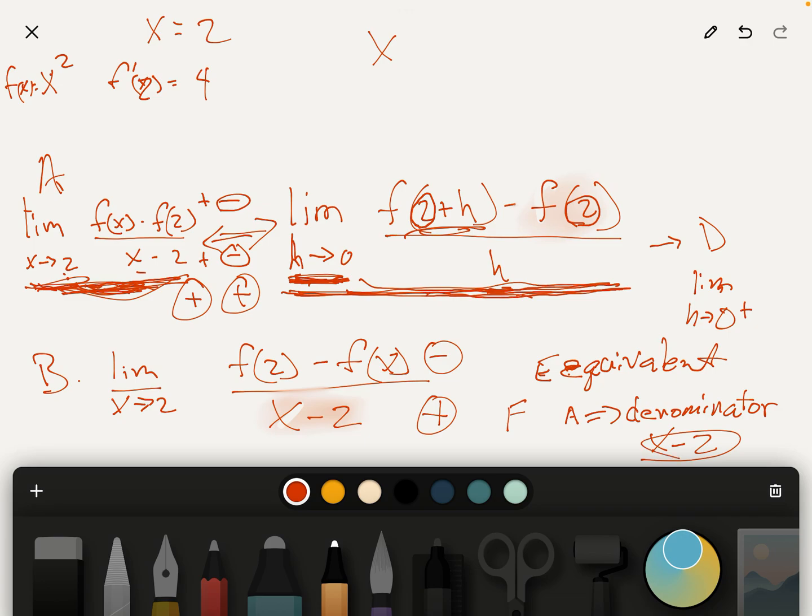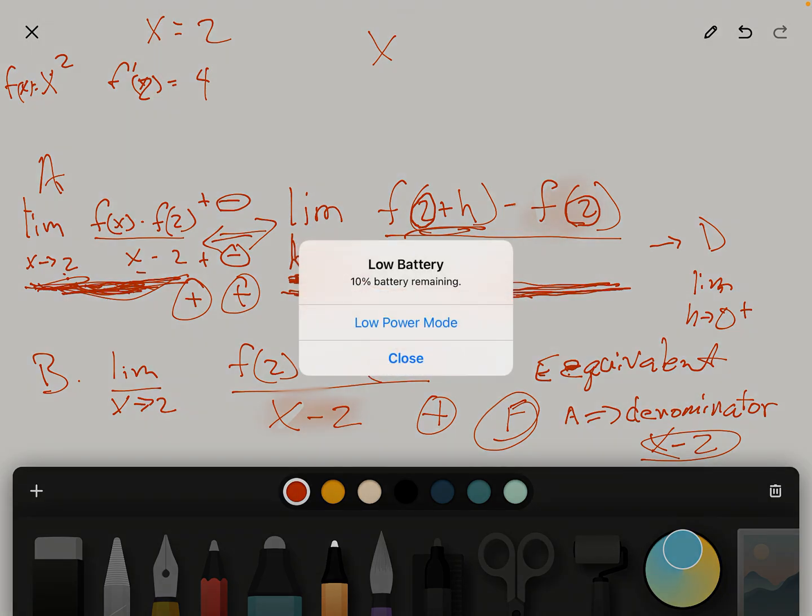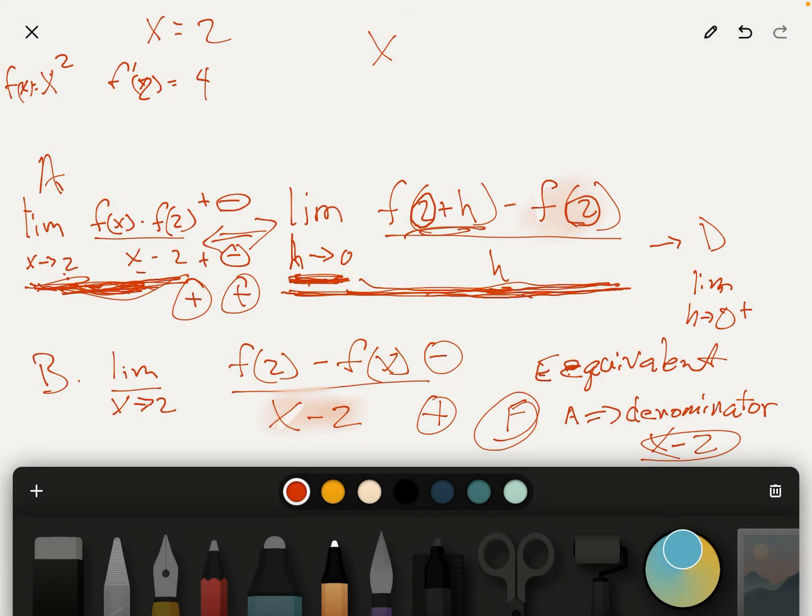You can't just suddenly say, okay, let's make the denominator x and say that's an equivalent statement. It's not. To put it another way, as x goes to 2, the numerator is going to go towards 0, but the denominator is going to go to 2, and that's just not right. So I hope that all makes sense.